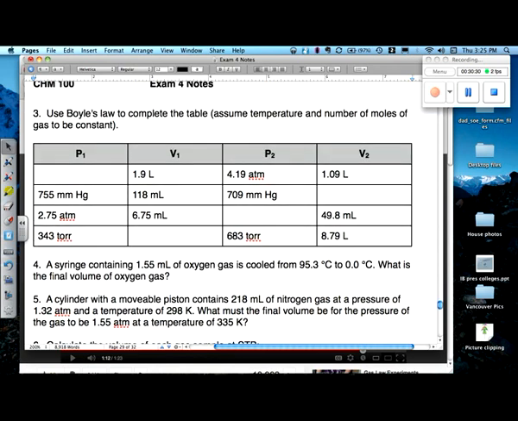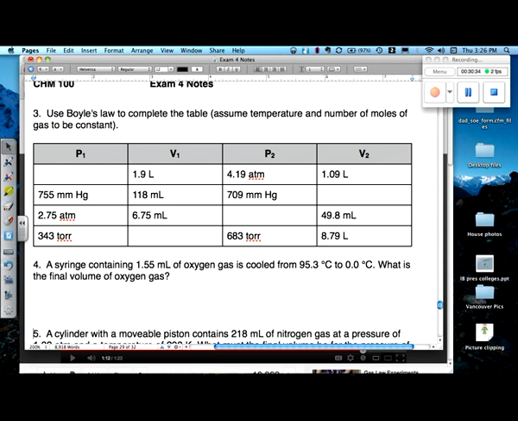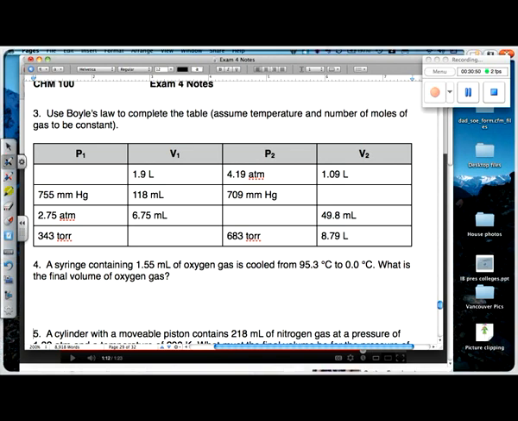Oh, I just love these complete the tables. So it looks like Boyle's law to me. We've got pressures and volumes. All right, so this would be a good time for you to switch the video off and give these a try. The only thing you need to check is that things are in the same unit. So I've got 2 volumes here in this first one, and they're both in liters.